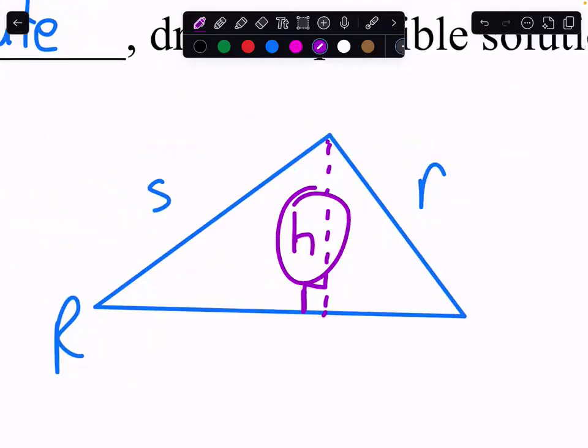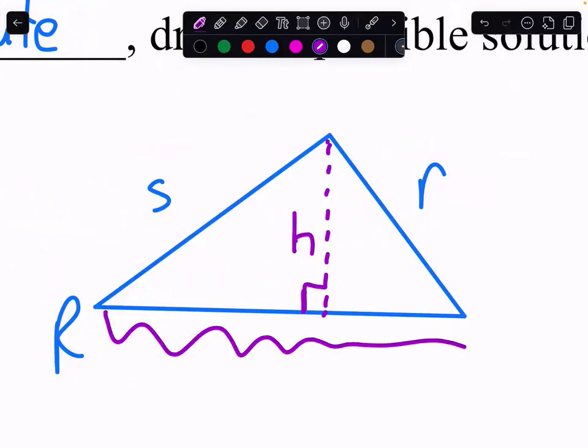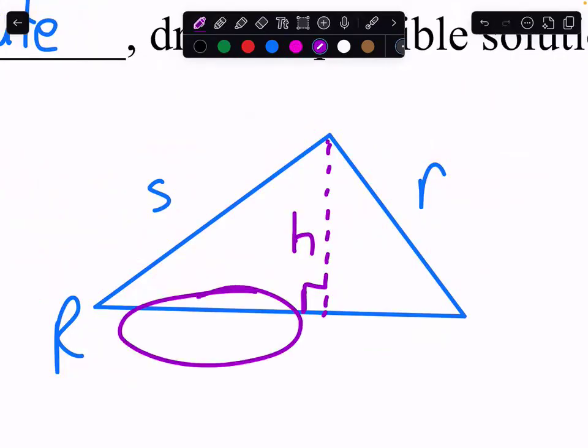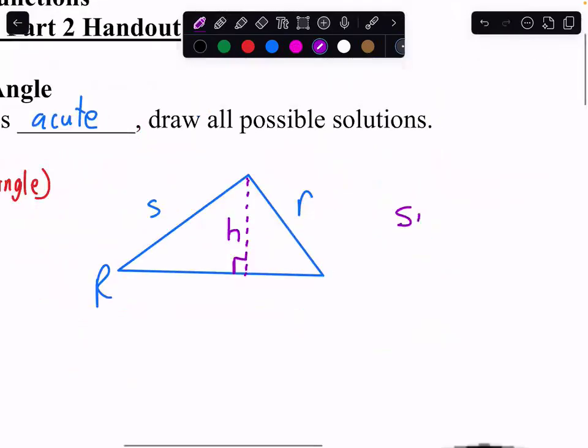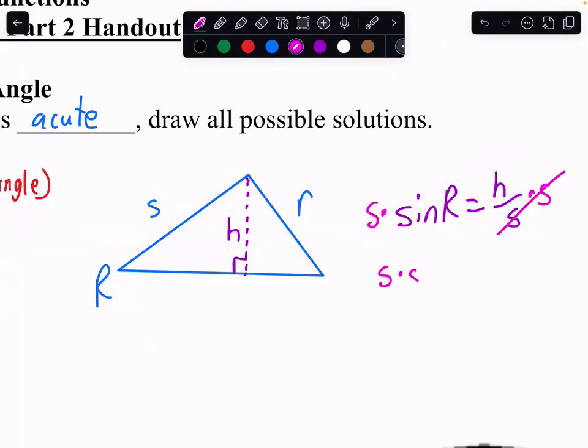We need to involve h, the height, but we can't use the bottom side, because we don't have any measurements there. So we can't do cosine, we don't have the adjacent side, and we can't do tangent. Our only choice is opposite and hypotenuse, which is sine. So sine of capital R would be the height over s. And then whatever s is, whatever this hypotenuse length is, you would multiply both sides by it. And that would let you determine the height of the triangle.